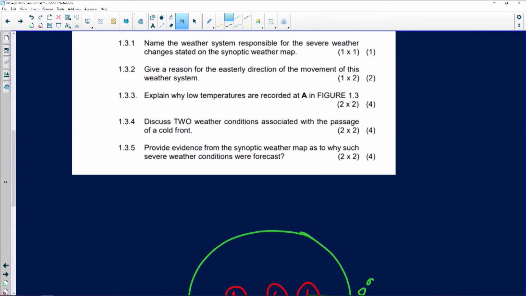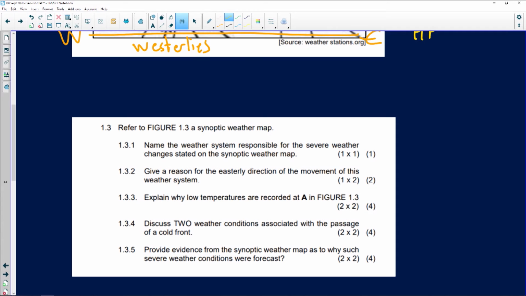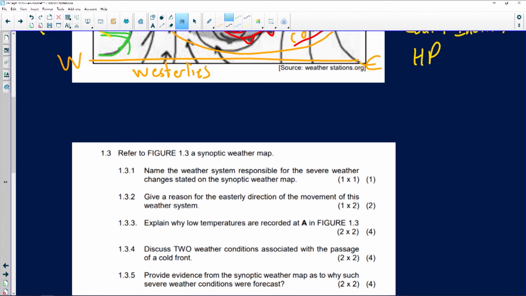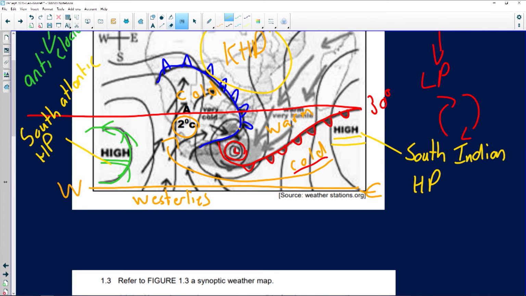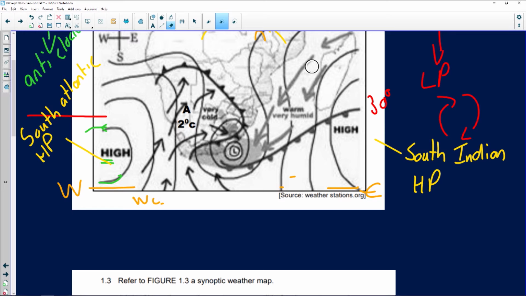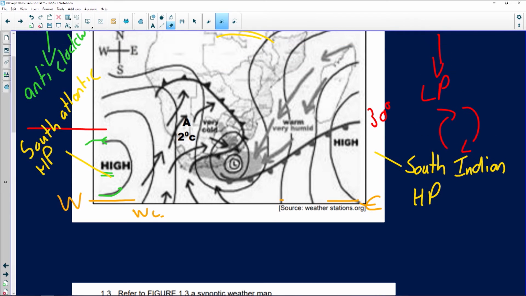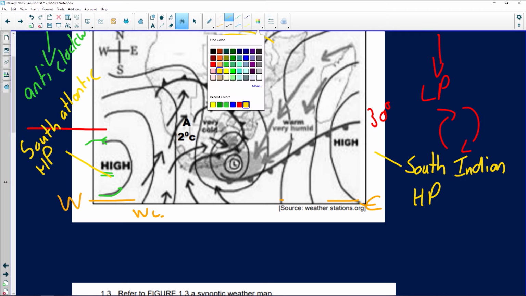Now let's just quickly look at the questions that are being asked. Name the weather system responsible for the severe weather changes stated in the synoptic chart. I just want to clean my synoptic charts again. And we have identified it. It's a mid-latitude cyclone.